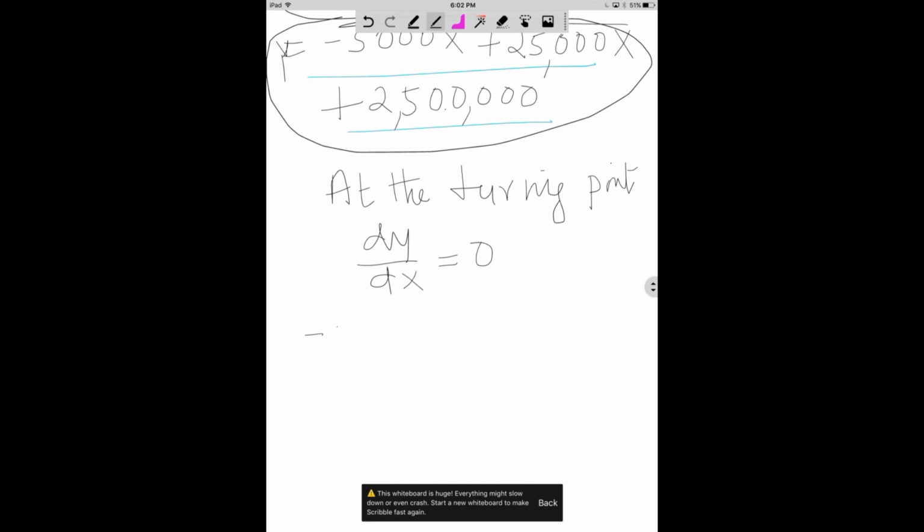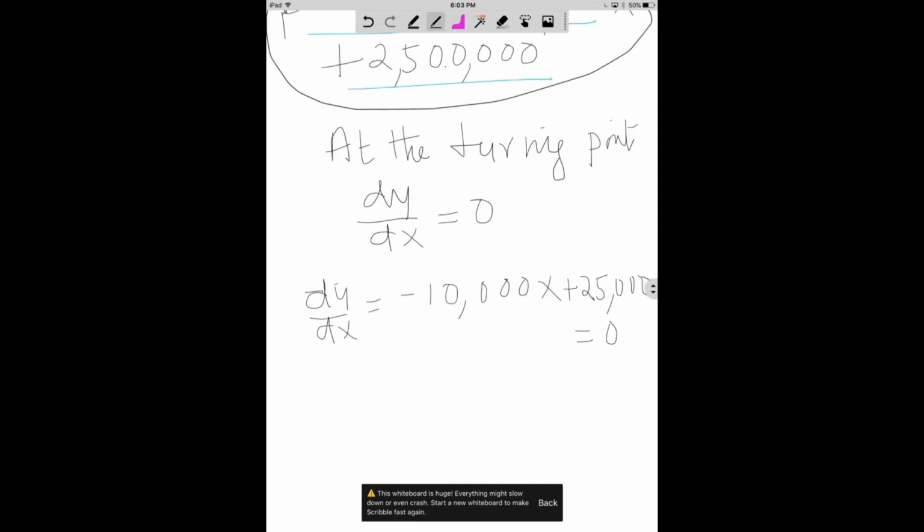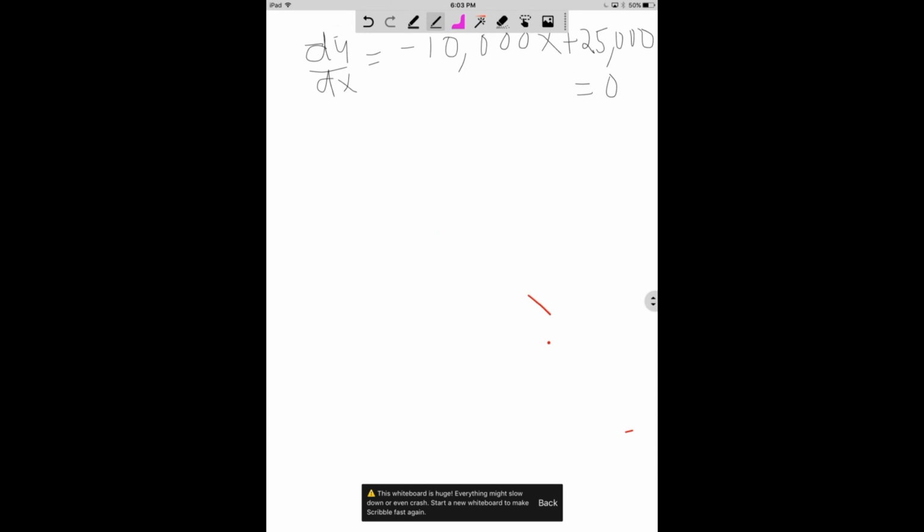So when you differentiate, dy by dx equals minus 10,000x plus 25,000 equals 0. So we are going to find the maximum point.